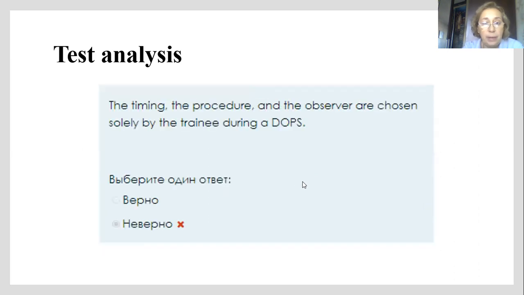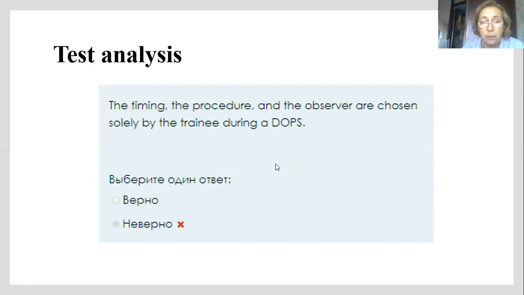Well, the next task was to decide whether it is true or false, correct or incorrect. The sentence is from the text about the DOPS: the time in the procedure and the observer are chosen solely by the trainee during the DOPS. That was the exact sentence taken from the article.